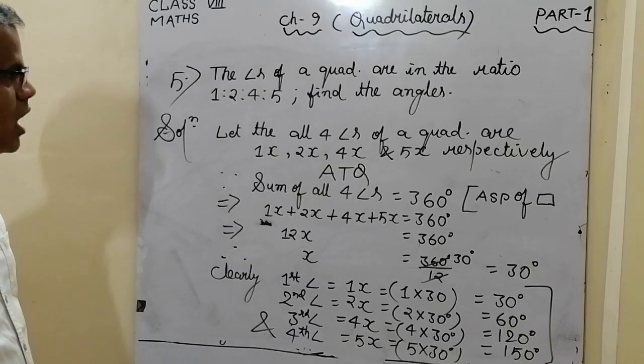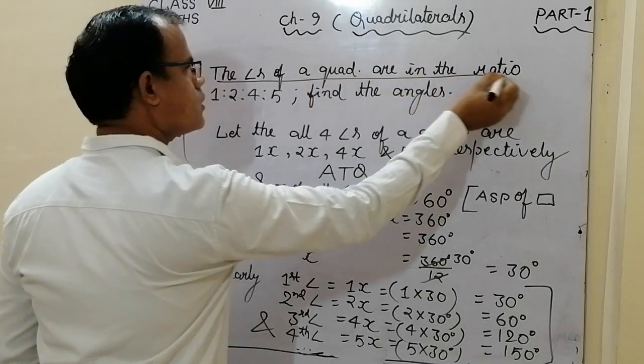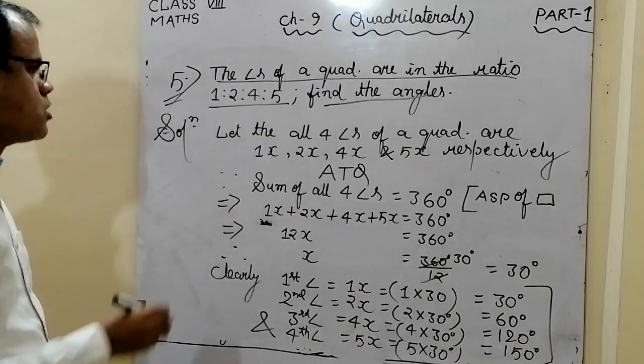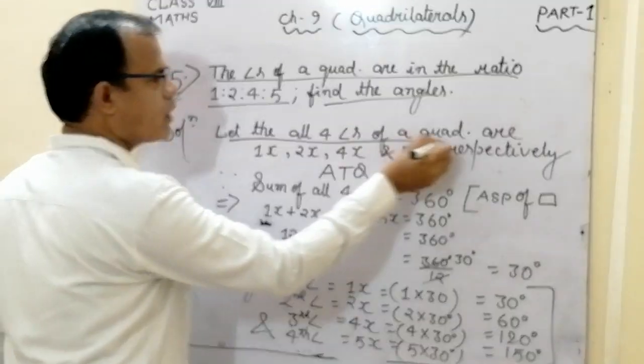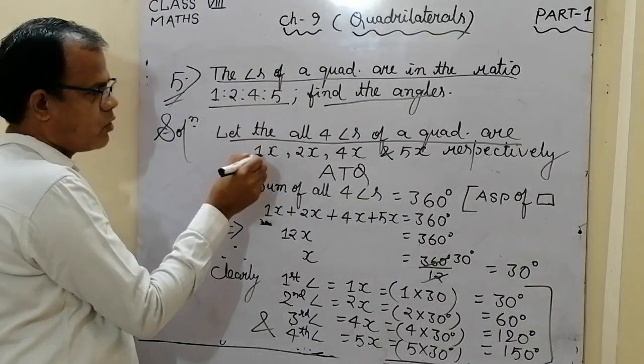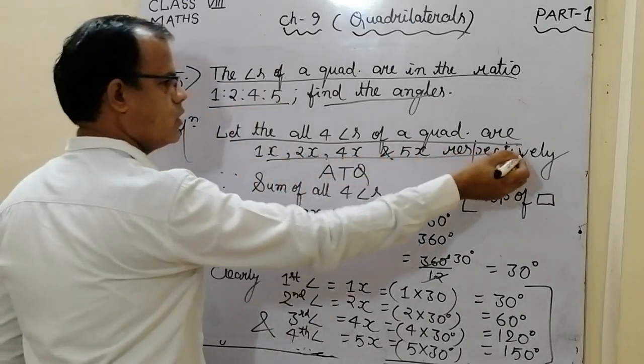Yes student, last question, question number 5. The angles of a quadrilateral are in the ratio given here. Find all 4 angles. So let all 4 angles of the quadrilateral be 1x, 2x, 4x and 5x respectively.